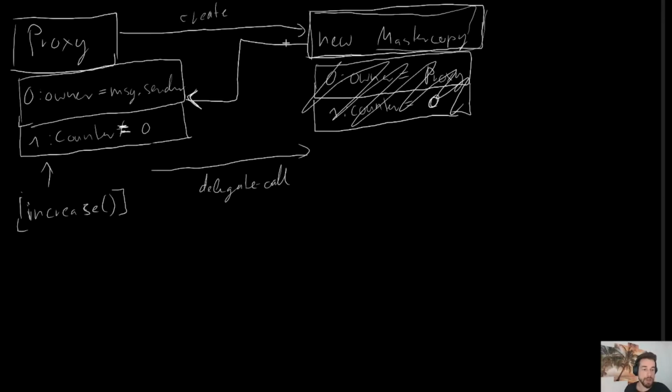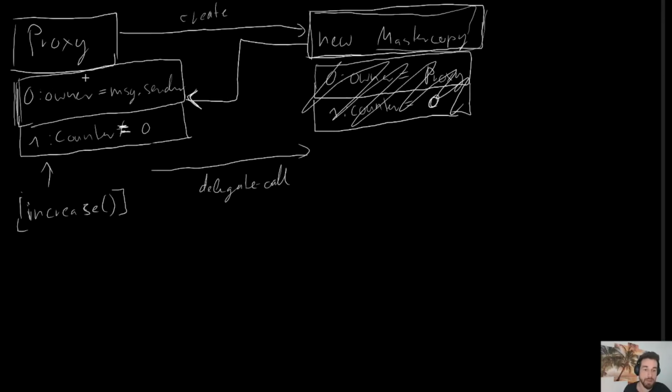So when we are now calling the increase function on the proxy, that makes a delegate call to the master copy, which does have an increase function, which then is executed, and the first thing it does when it is being executed is it has an only owner check. What does the only owner check do? It checks whatever is at slot 0, and it expects the message sender to be equal to the message sender that was stored as the owner when the proxy was deployed.